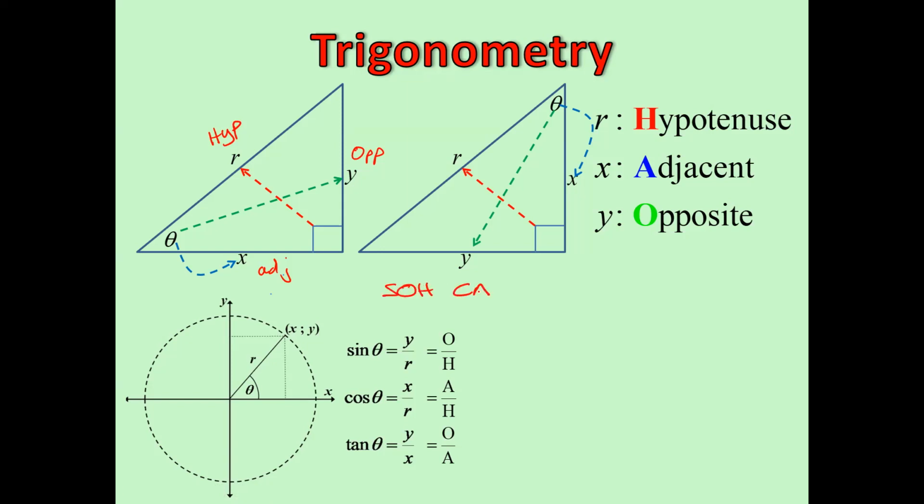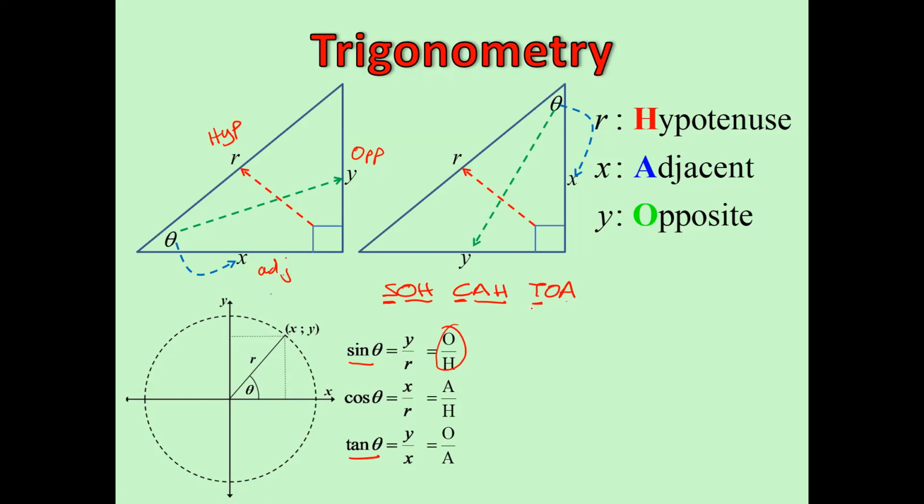It sounds like Chinese: SOH CAH TOA, which basically means S for sine, which is equal to opposite over hypotenuse; C for cos, which means adjacent over hypotenuse; T for tan, which represents opposite over adjacent.